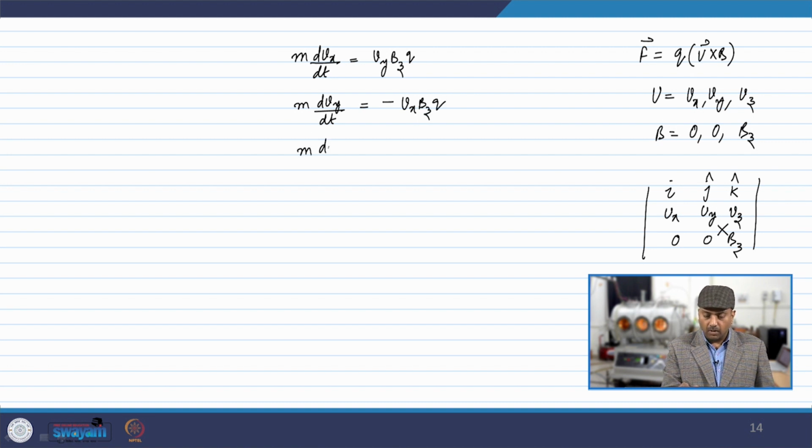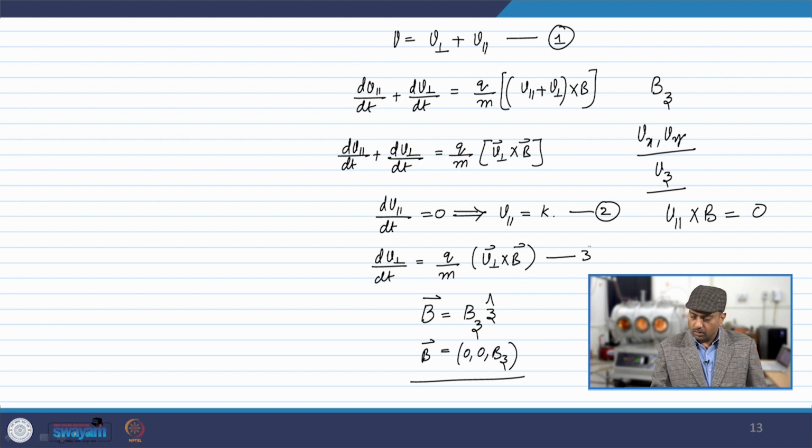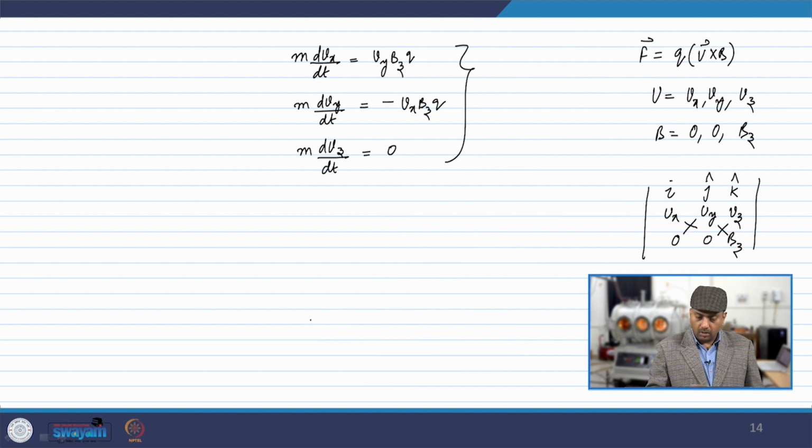And m dvz by dt will be simply 0. Let us call this set of equations 3, 4, and 5.